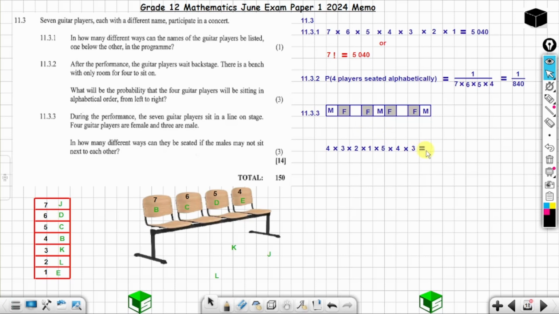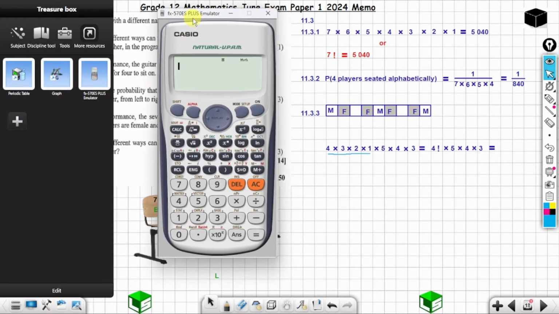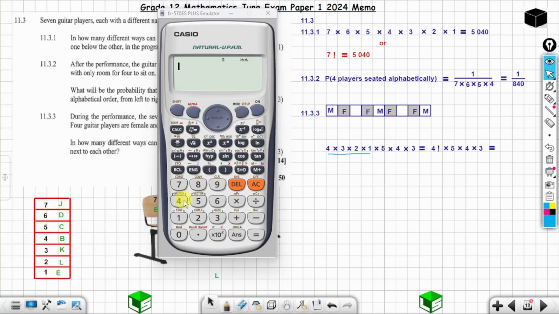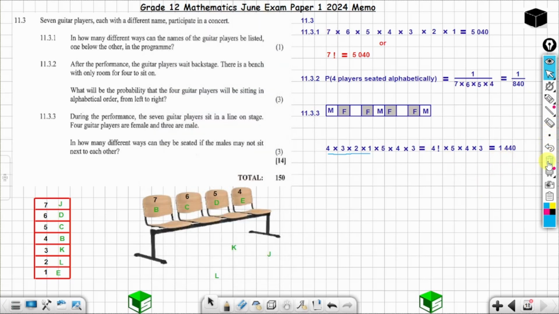So this is equal to 4 factorial times 5 times 4 times 3. So we are done.